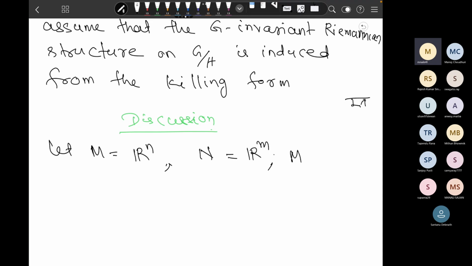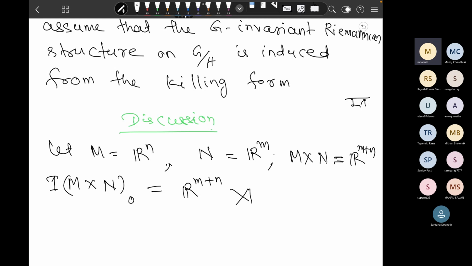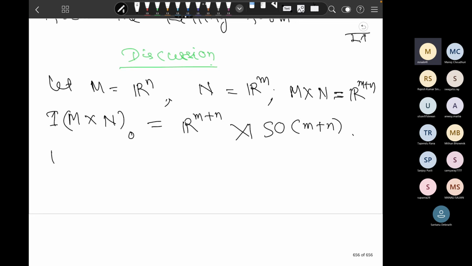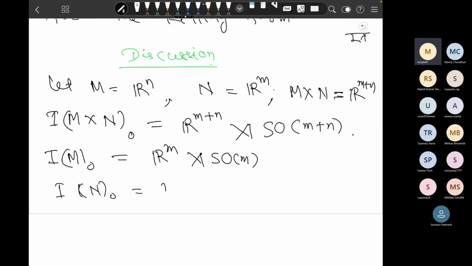So then if you look at the product manifold, M cross N is really R^(m+n). Now if you look at the connected component of I(M cross N), this is really R^(m+n) semi-direct SO(m+n). And if you look at I(M) naught, this is really R^m SO(m), and I(N) naught, this is really R^n.